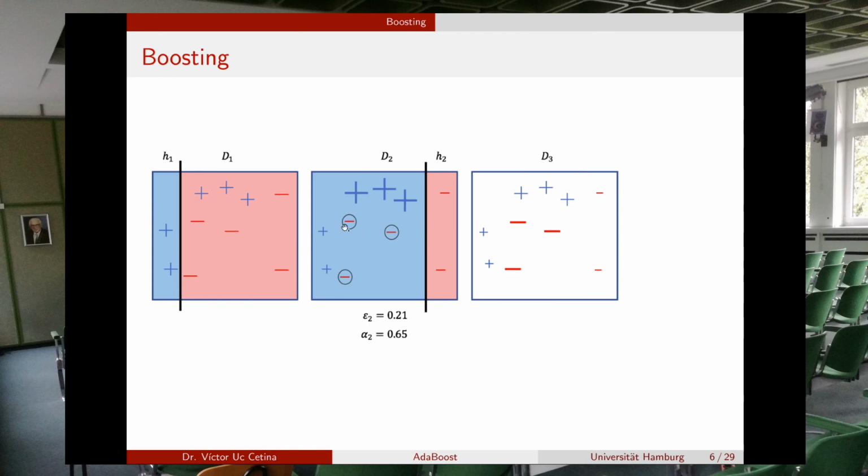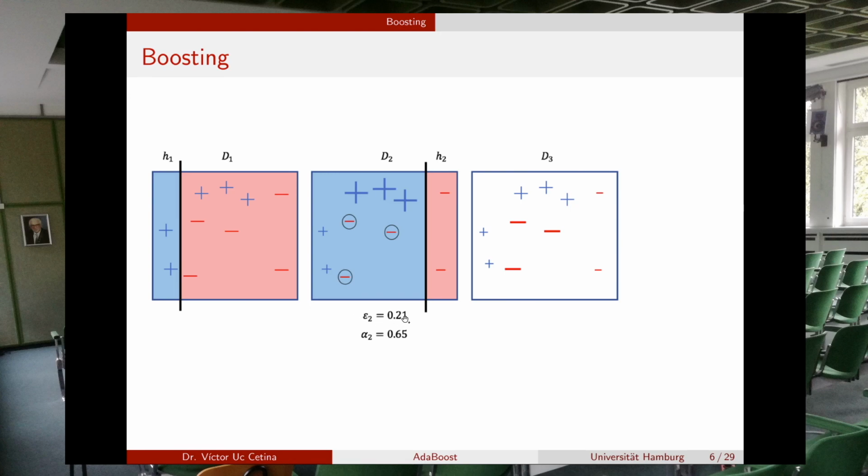In this case, we have 3 misclassifications. We compute the error. It is not that easy to see where this 0.21 comes from, but each of these misclassified examples had, at that moment in the second iteration, a weight of 0.07, and that's why we have 0.21.